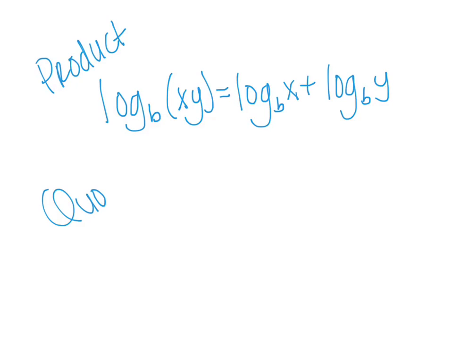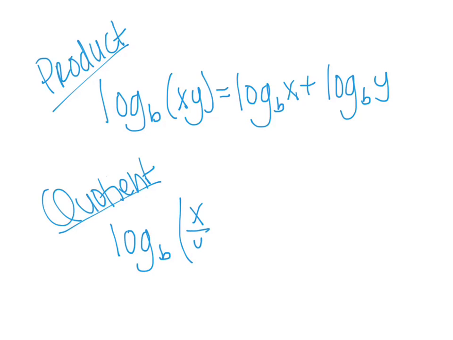I had the quotient rule. Once again, I'm going to rewrite this with a base b, to show this will work for any base. If I have a fraction or division inside of a log, I can rewrite that as 2 logs that are subtracted.